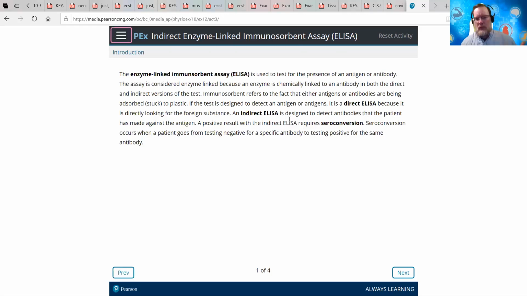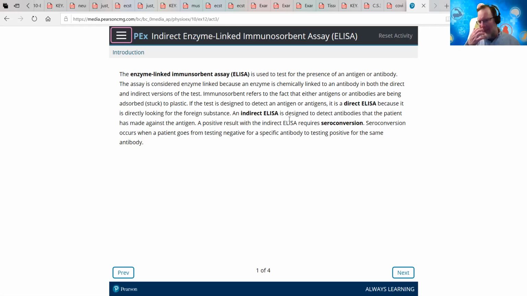It can test for the presence of an antigen. Remember, antigens are surface markers on cells, and antibodies are going to be in the serum of the fluid of the body. So typically we think of the antibody being in the plasma if we're talking about blood, and the antigen is going to be cellular.